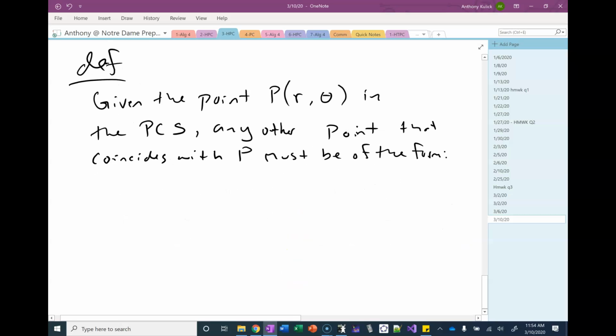So given a point P, whose coordinate is r comma theta in the polar coordinate system, any other point that coincides with P must be of the form. When I say coincides, do you guys know what I mean? It's the exact same location, right? Any point that's in the exact same location.